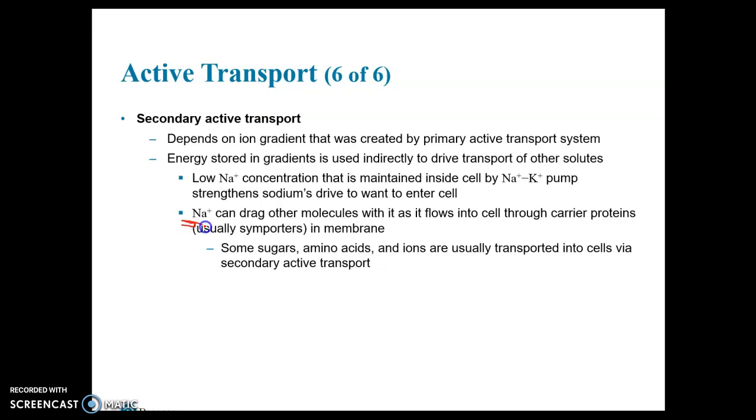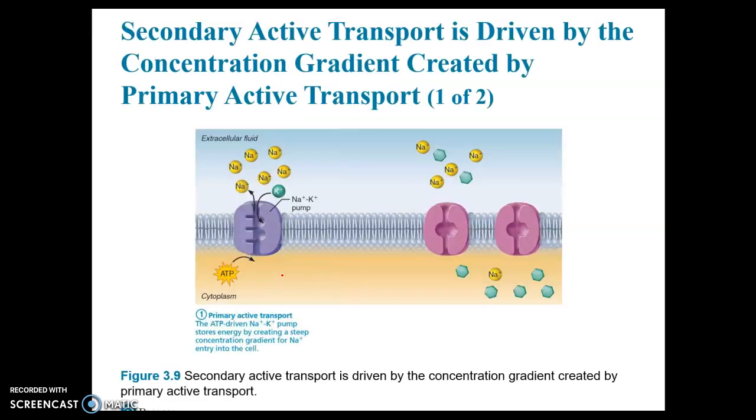So when sodium diffuses back in, it can drag other molecules with it. Some sugars, like there's sodium glucose transporters, some amino acids and other ions, not just sodium, can be transported into cells by secondary active transport.